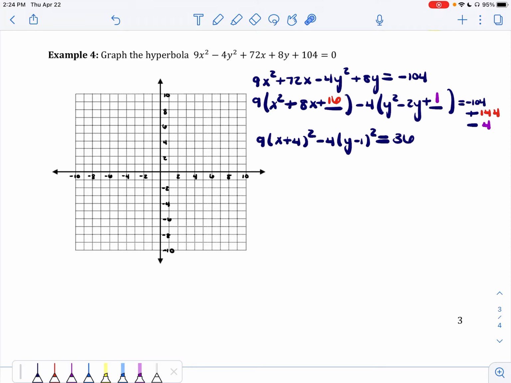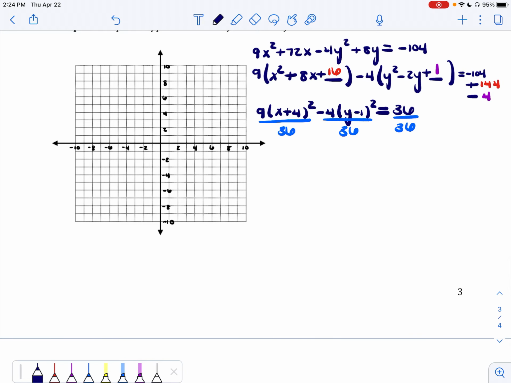All right, now like we talked about before, with hyperbolas, you always need the equation set equal to 1. So we're going to have to divide the whole thing through by 36. So 9 divided by 36 is going to give us 1/4.